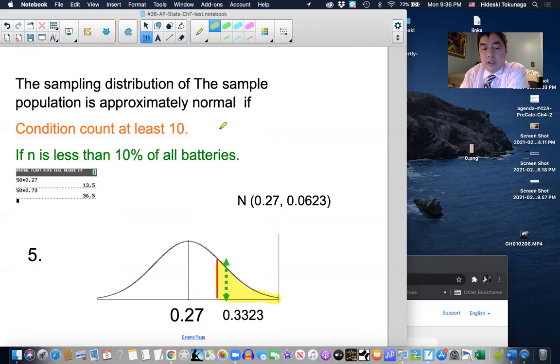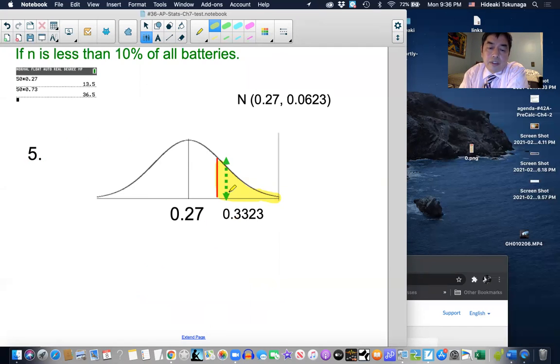Why or why not? So most likely, if this is not acceptable batteries, and this white section is okay, maybe we can send the batteries, right? Since this is a sampling distribution anyway, right?